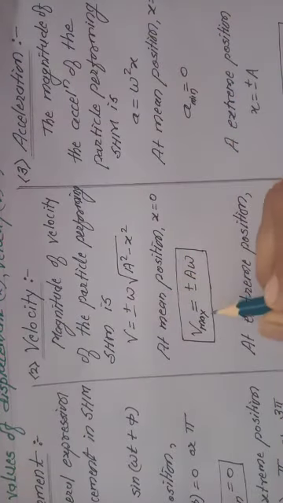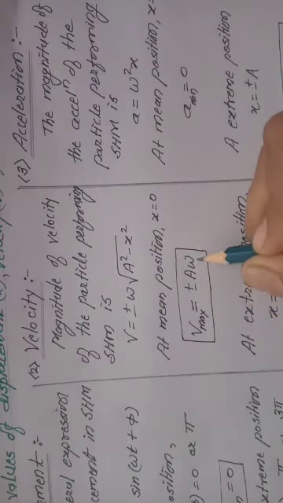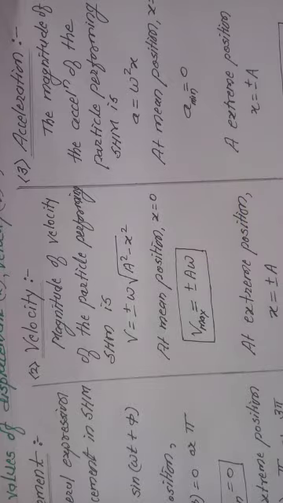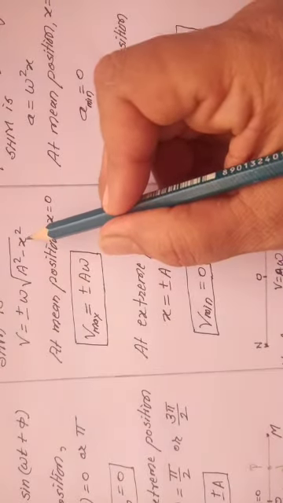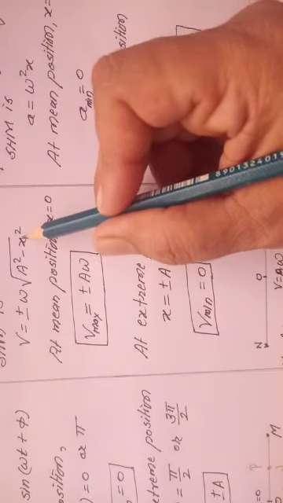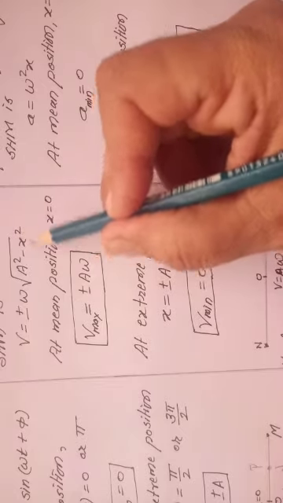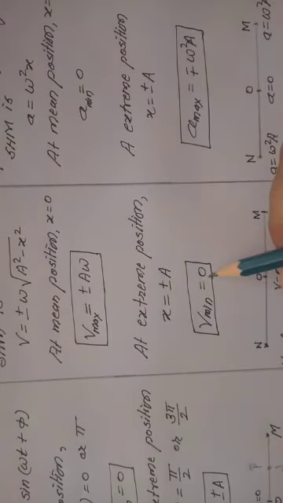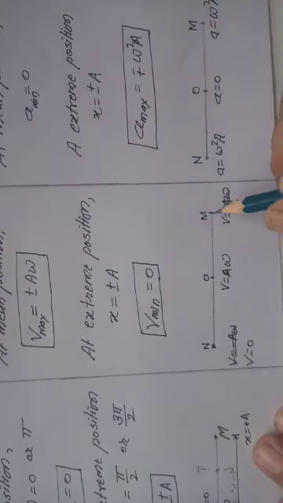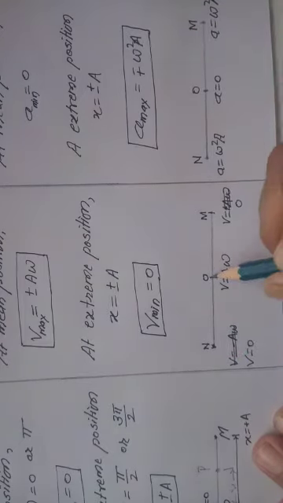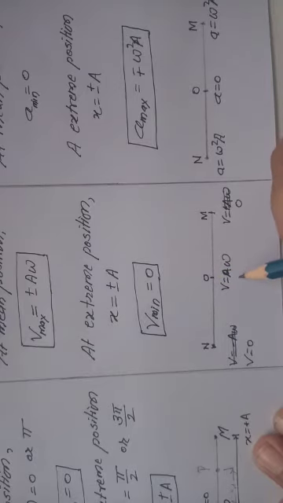At the mean position, the velocity is maximum, that is plus minus a omega. Now at the extreme position, we put x is equal to a, and we get a square minus a square, which becomes 0. So the velocity at any extreme position is equal to 0, and the velocity at the mean position is a omega, that is maximum.